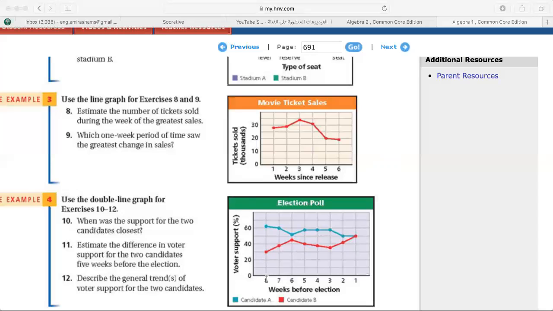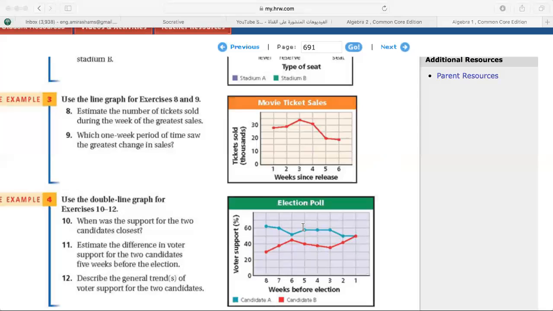As you see here in week 8, voters for B is 30 and voters for A is almost 60. In the 7th week, voters for B is almost 40 and voters for A is exactly 60.